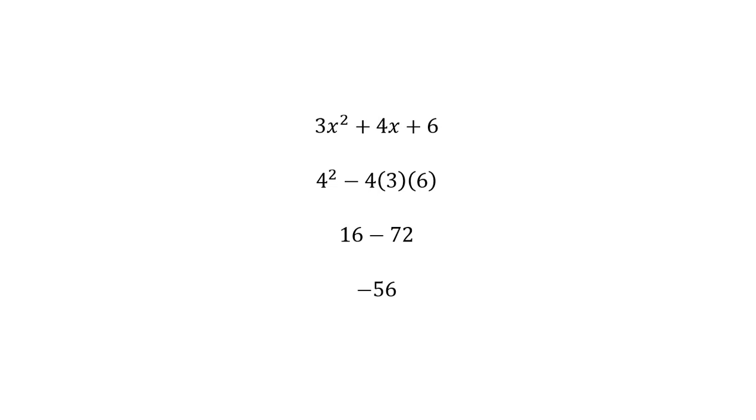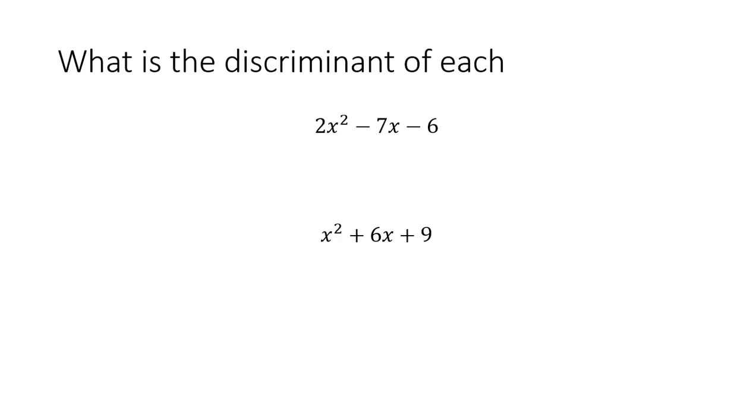So with this, do we have one real solution, two real solutions, or two imaginary solutions? That's right. Since it's negative, we end up having two imaginary solutions, because we have a negative 56 as our discriminant.